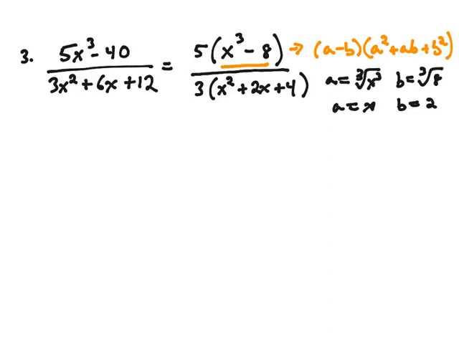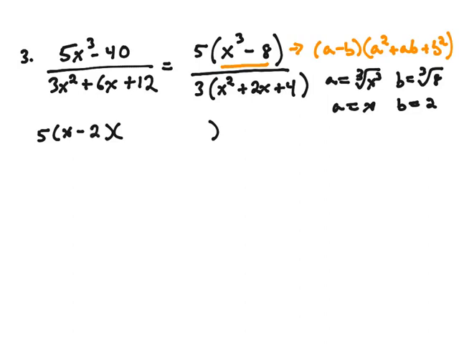So, okay, so we're going to write that over here, 5. Okay, and remember, we're going to plug everything in into this a minus b formula, a squared plus ab plus b squared. Remember, a is x, b is 2, so we're just going to substitute. So we're going to replace a with x minus b. B is going to be 2.